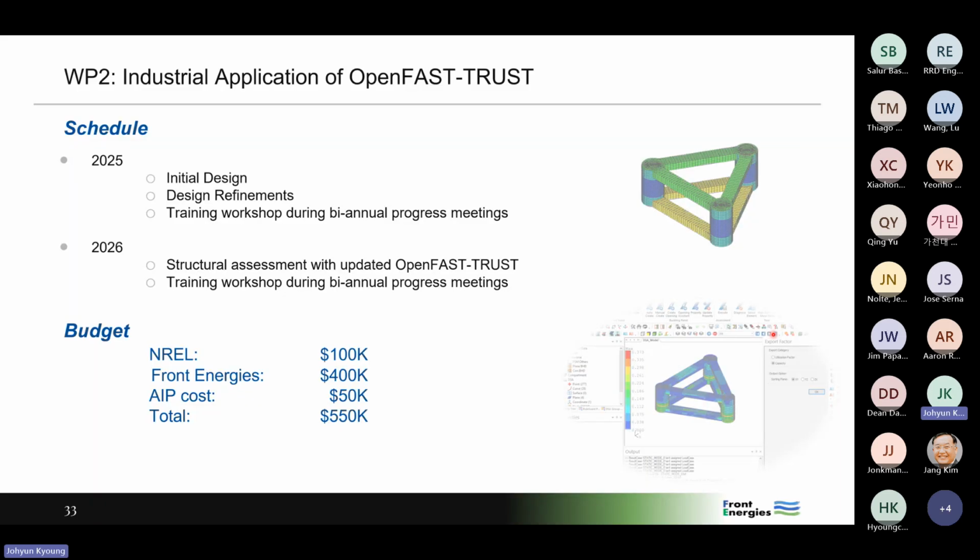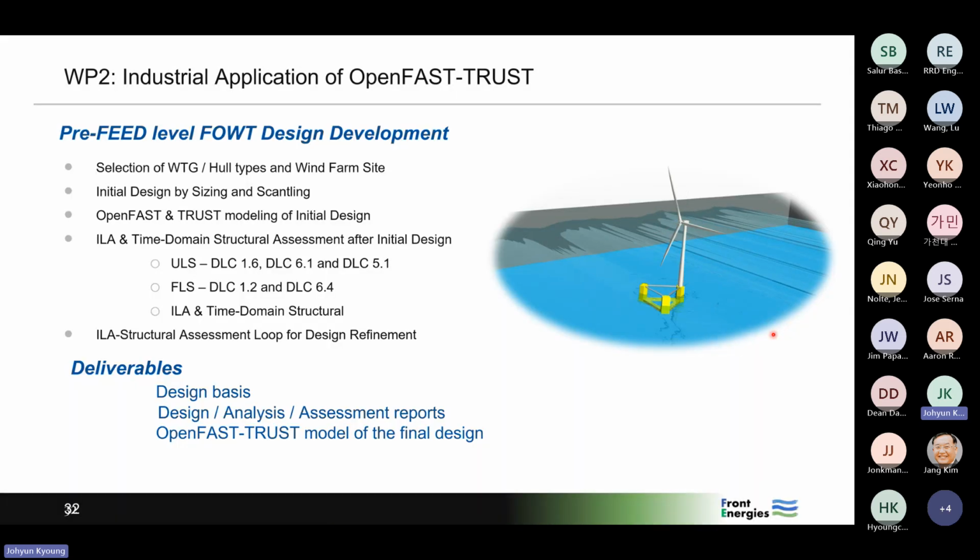Is there any question about work package 2? One thing based on some feedback from industry, so this is also to set a track record for OpenFAST and TRUST: we try to get the approval in principle from a class society.